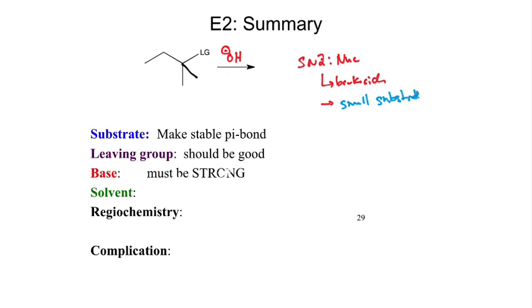That's good, but we want to be able to qualify our small substrate. It's the name we can associate with our substrates: zeroary, primary, secondary, tertiary. So I want a small substrate. Zeroary would be faster than primary, would be faster than secondary, and tertiary doesn't happen.